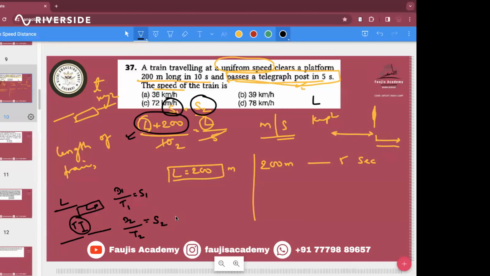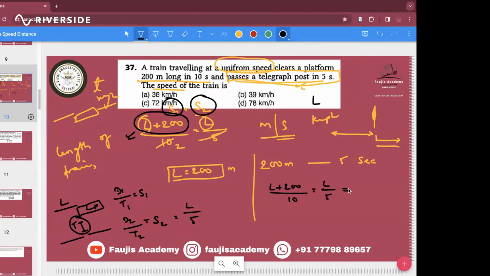D2 is how much? L, or XYZ, whatever you want to assume. And for this much, how much time do they take? 5 seconds, that's what we have written over here. L plus 200 divided by 10 is equal to L by 5.